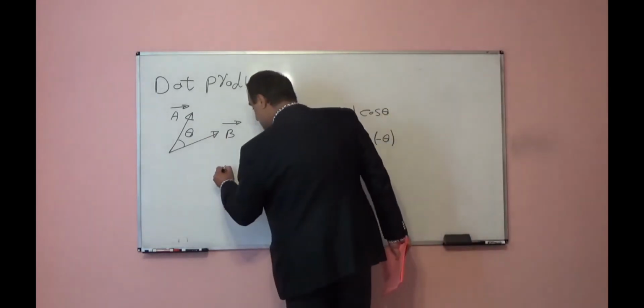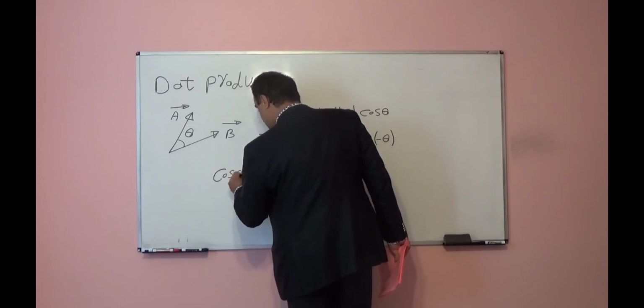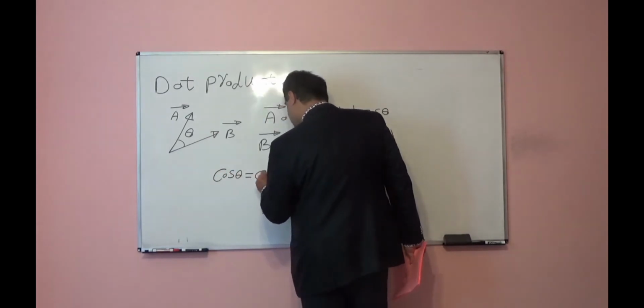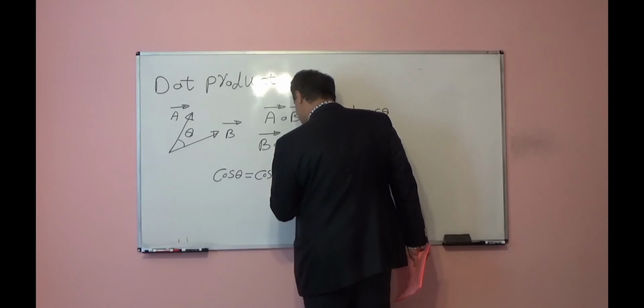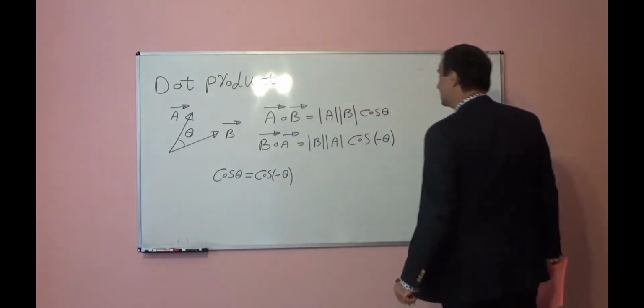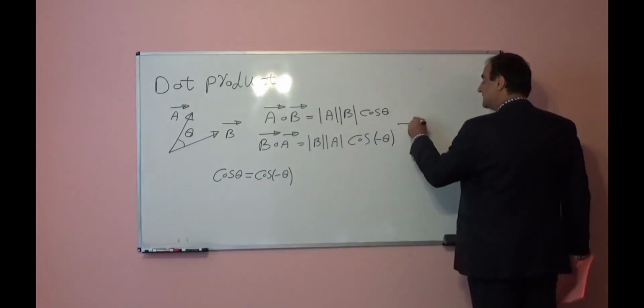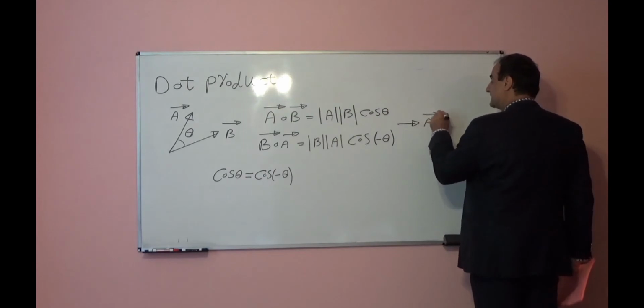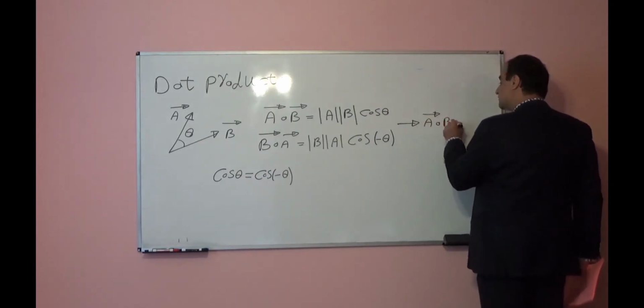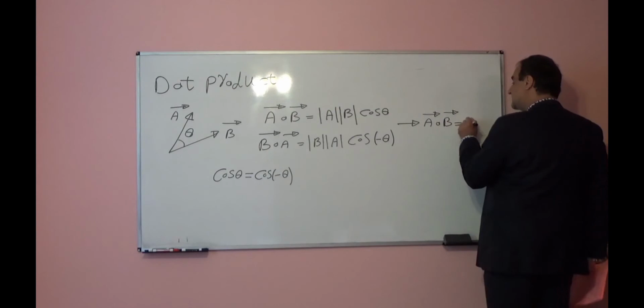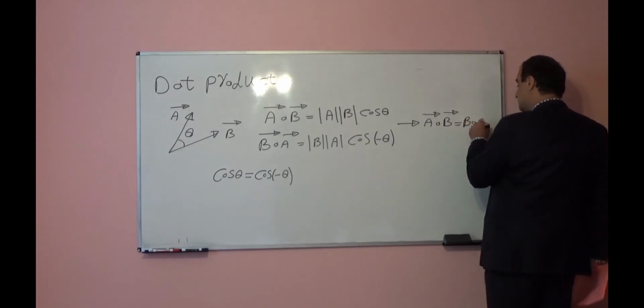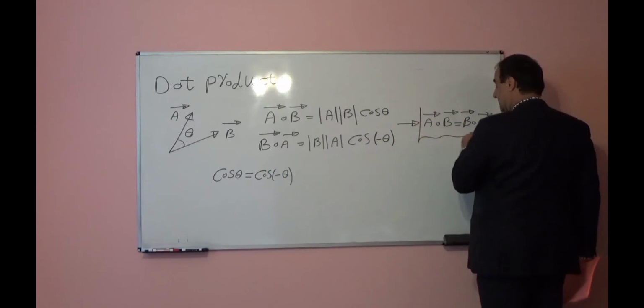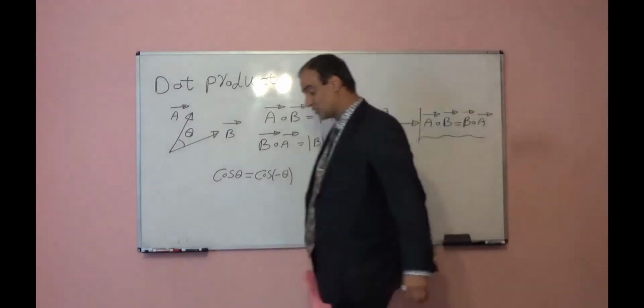But because cosine theta is equal to cosine of negative theta, we know that A dot B should be equal to B dot A. This is one important thing you should know.